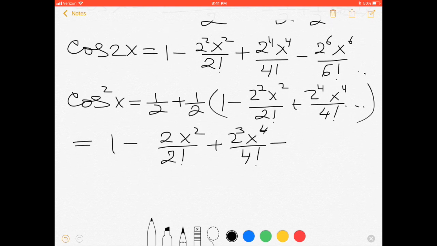This means next one will be minus 2 to the 5th x to the 6 over 6 factorial, and continue. You can easily write.